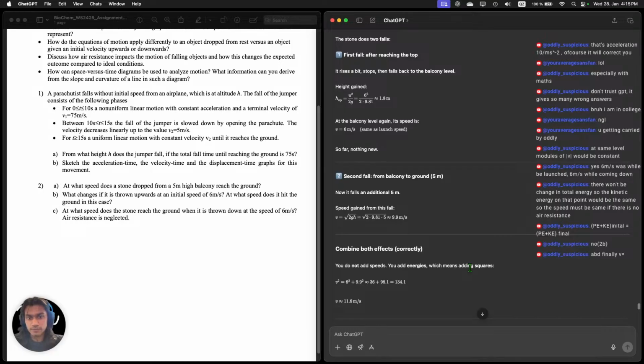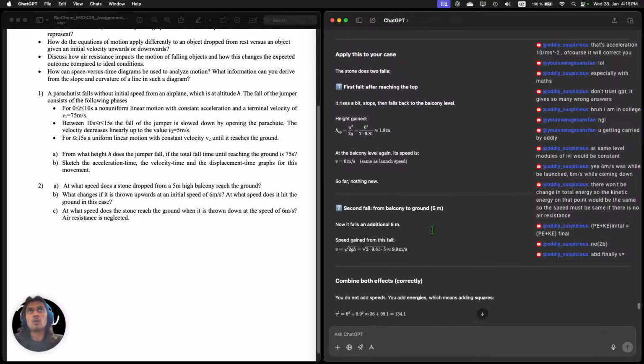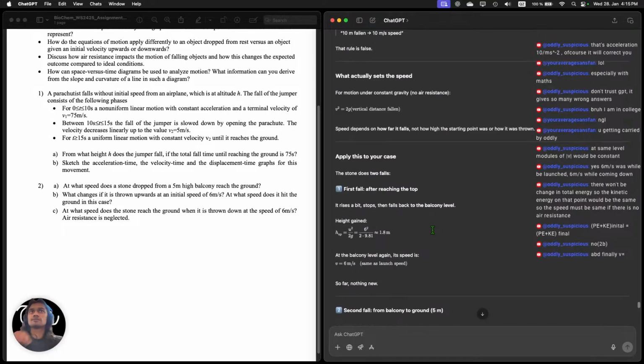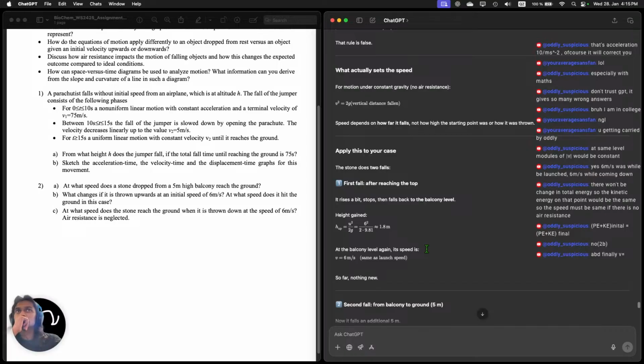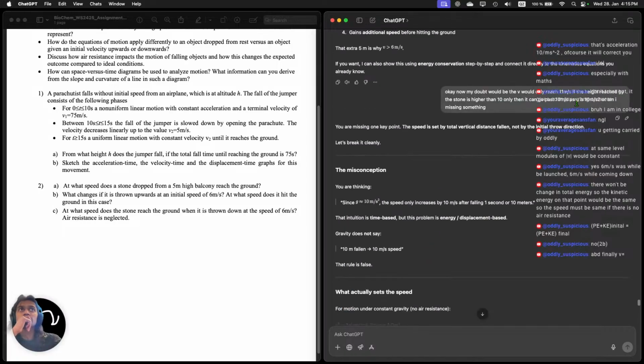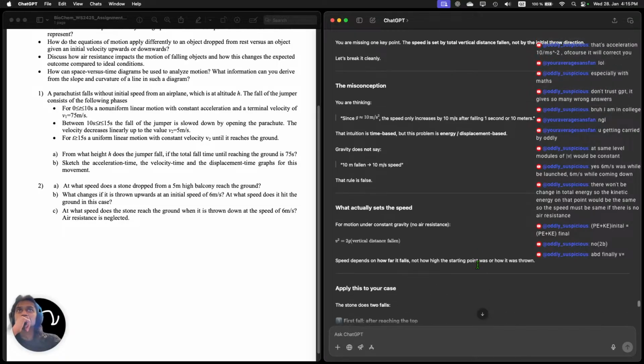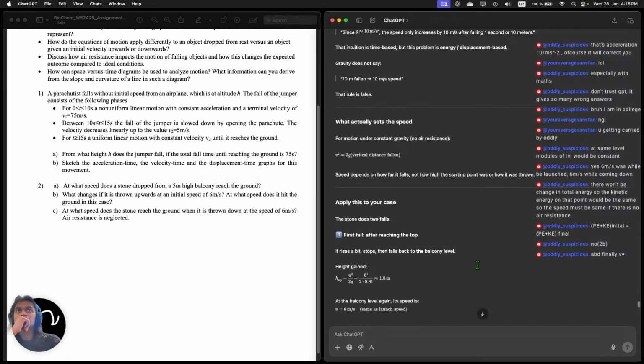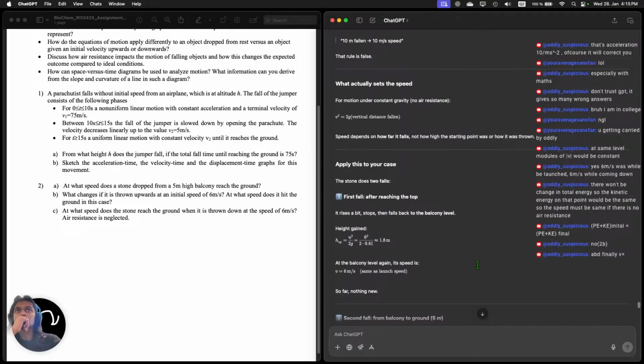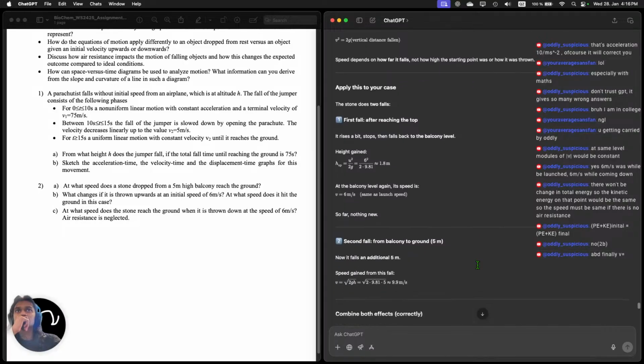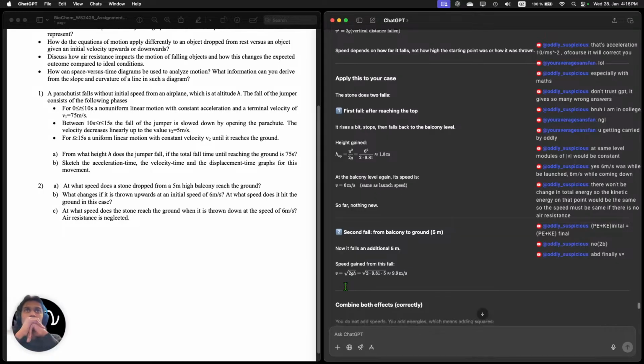That's acceleration 10 meter per second square. Of course, it will correct you. I did say the acceleration is 10 meter per second square. Okay. Now it falls an additional 5 meters.